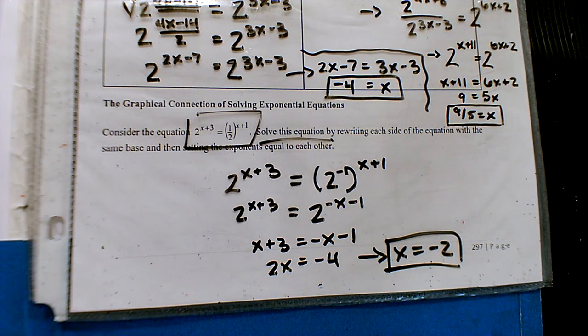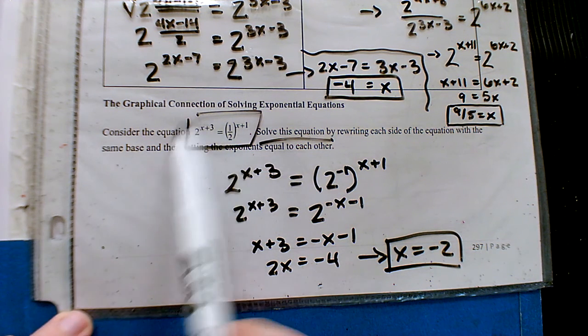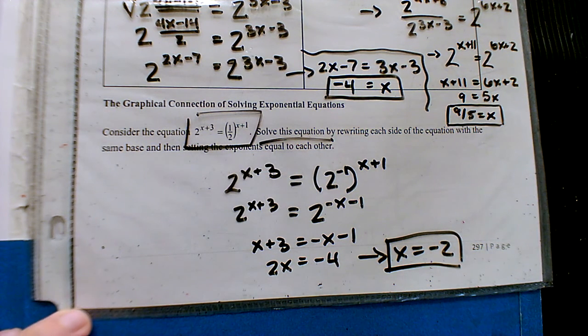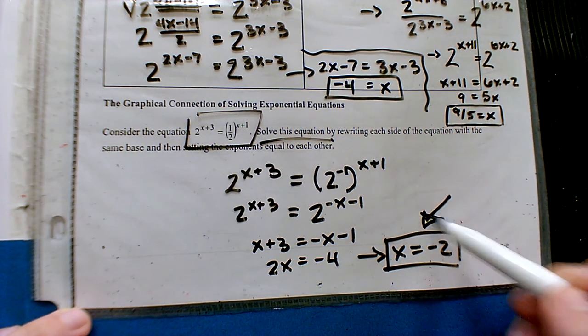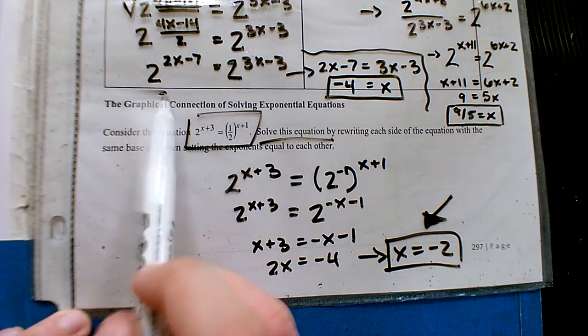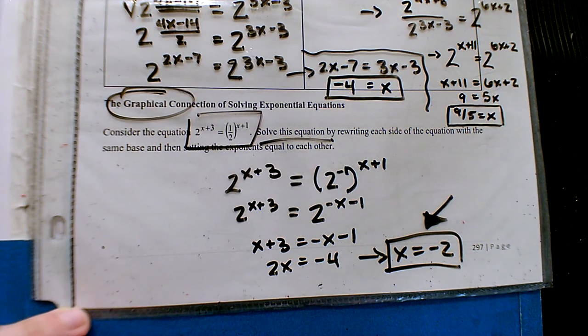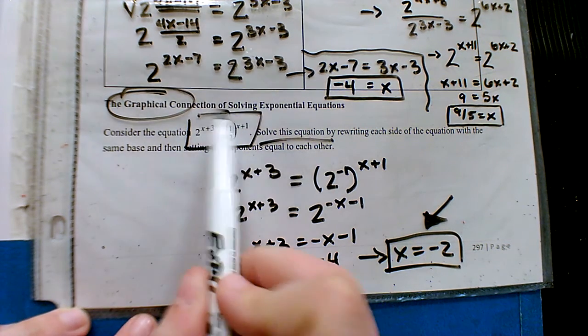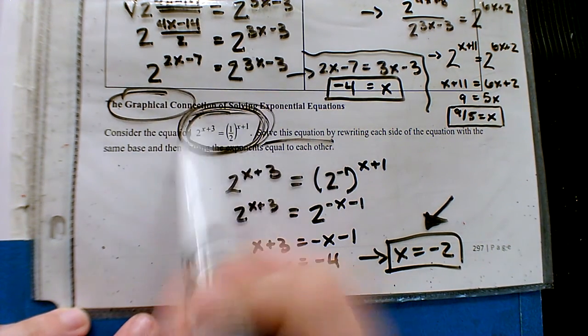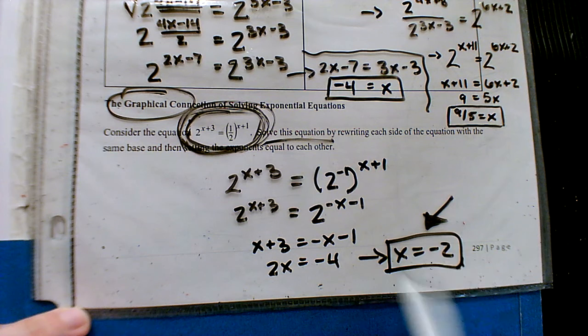If you had a calculator, plug it in on the left, plug it in on the right, see if they equal. But I'm curious, because we're essentially solving an equation here. What does this number of -2 represent graphically? If we were to actually get a picture of this equation, what would be special about this value?